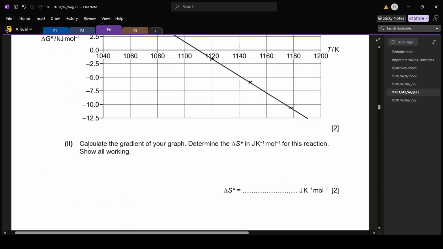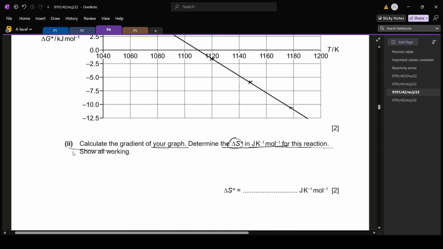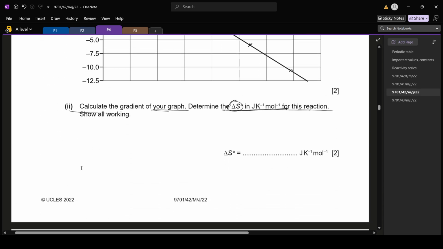Then we have the second part, calculate the gradient of your graph. Determine the value of the entropy change in joule per Kelvin per mole for this reaction. So if you write the equation of Gibbs free energy, Gibbs free energy is equal to enthalpy change minus temperature times entropy change.